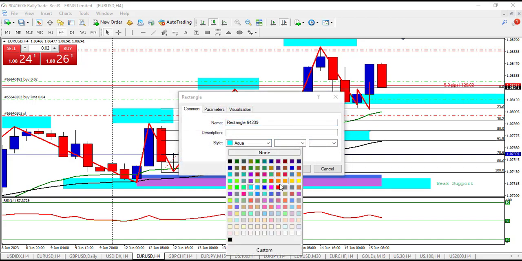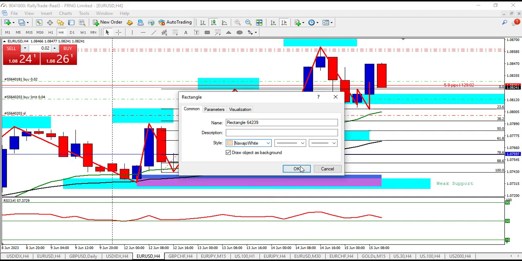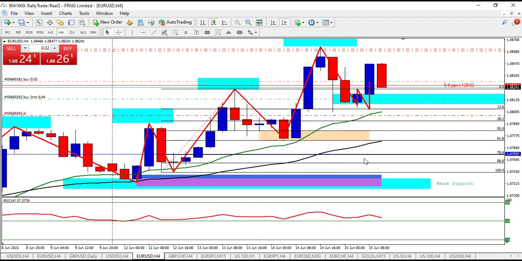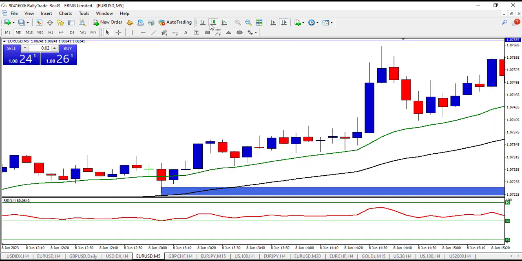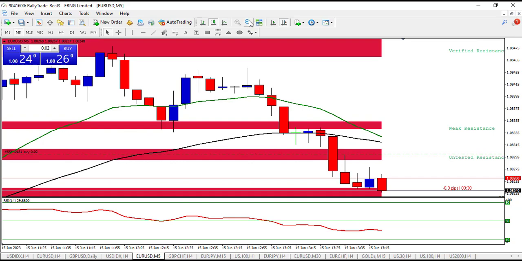Let me give it this color. So if I switch over to the 15 minutes time frame, or even 5 minutes time frame, we should be able to identify and look at that particular point.